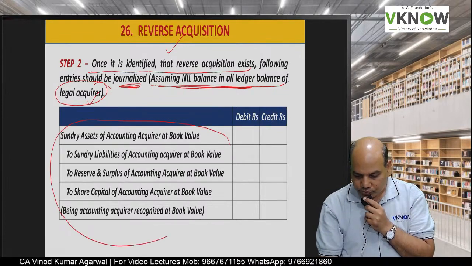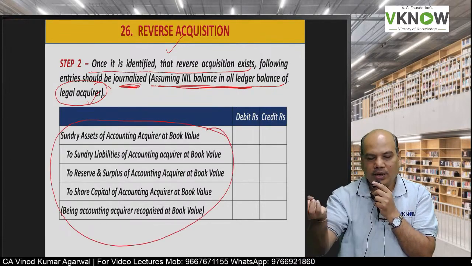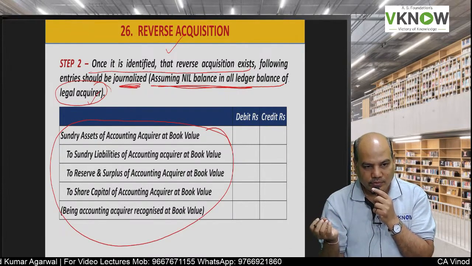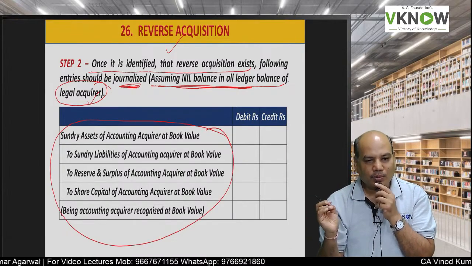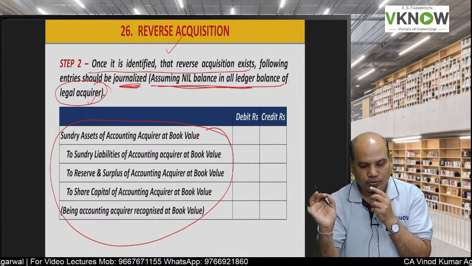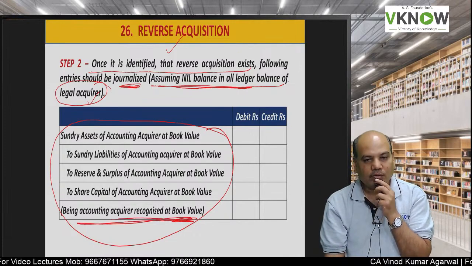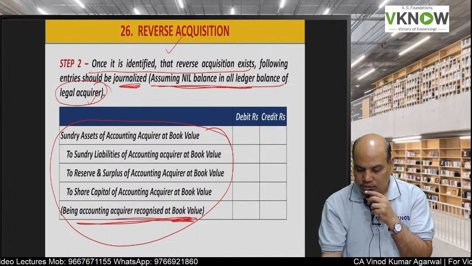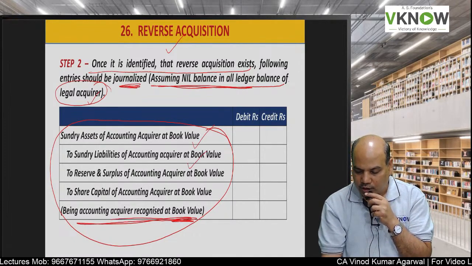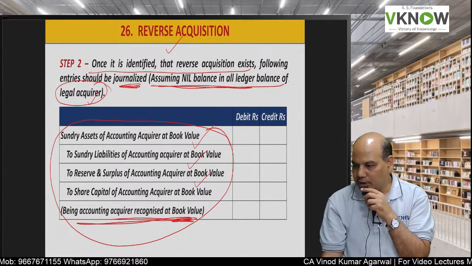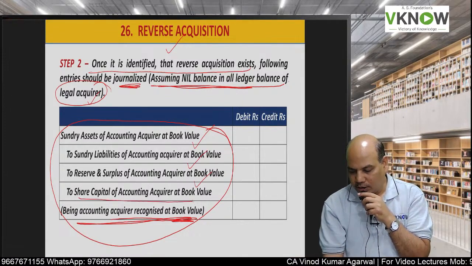Now you will take the asset and liabilities of the accounting acquirer at book values. Sundry asset debit at book value, liabilities credit at book value, reserve credit at book value, and share capital at book value.